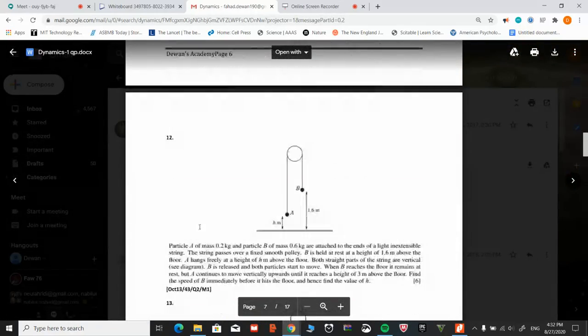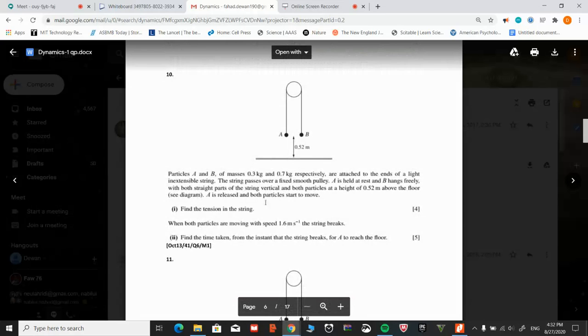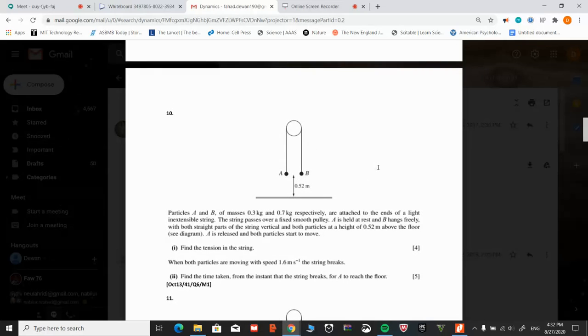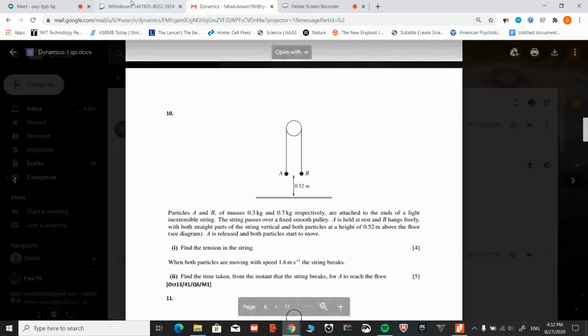Number 10 seems a bit complicated. With the speed, when the particles are moving at the speed of the string. Yeah. Okay, let's do this. Somewhat similar, but with a bit of additional trouble. Okay, same situation, except here we have 0.3, 0.7, 0.52.